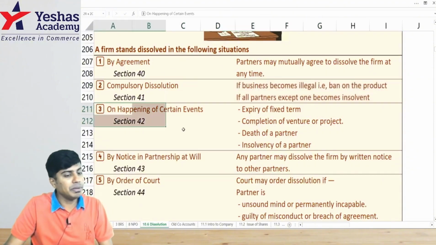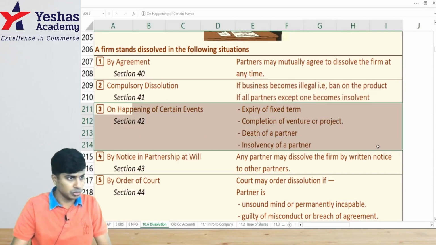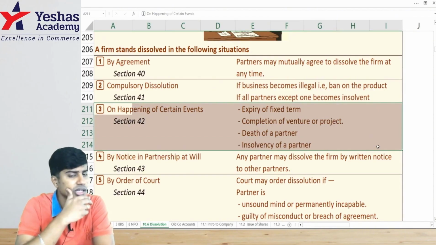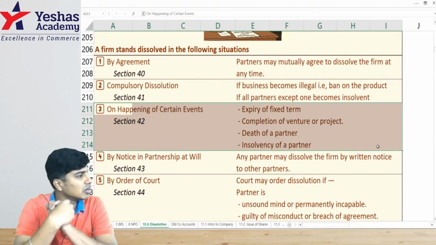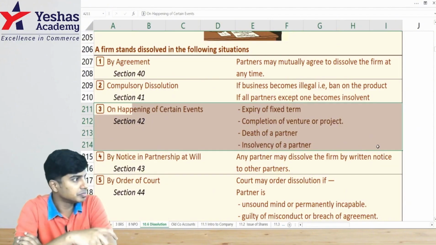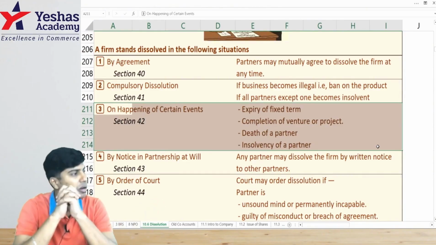Then comes on happening of certain events. This is given under section 42 of the Partnership Act 1932. If you created a partnership firm for a specific period, let's say 6 years, once 6 years is over, the firm will get dissolved. If you created the partnership firm for completion of a specific venture or project, I have the land, you have the money, in my land to construct the building, both of us will make one partnership.